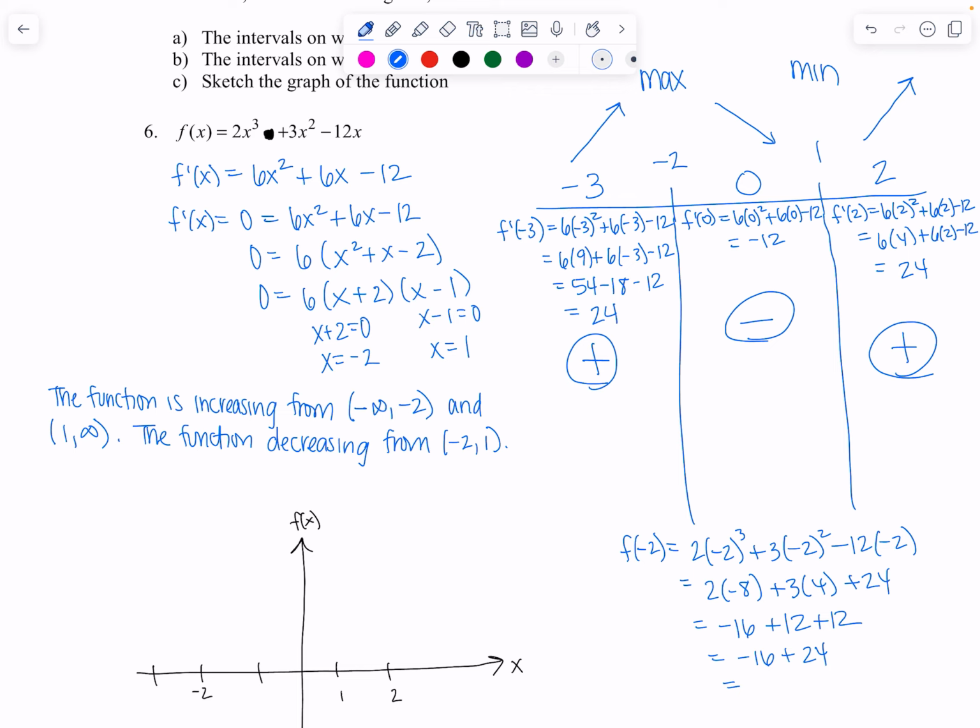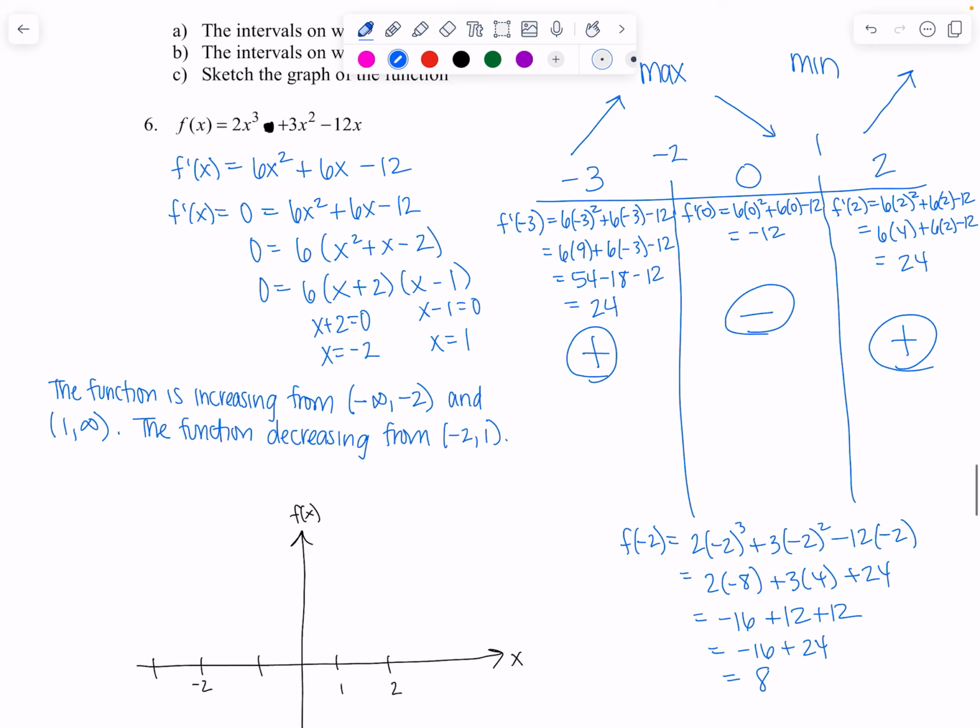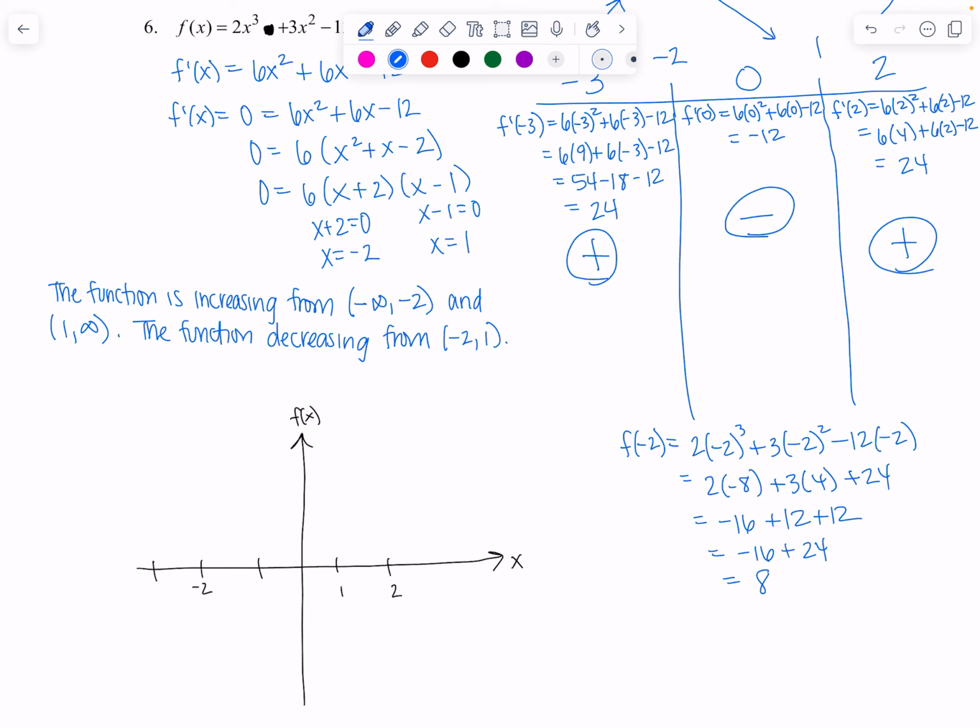Okay, so our point is going to be -2, 8.